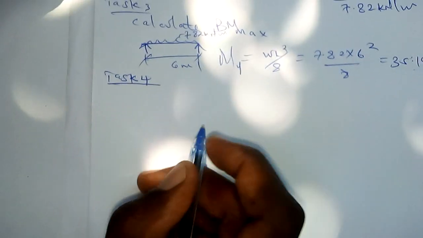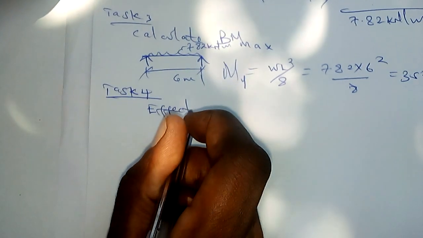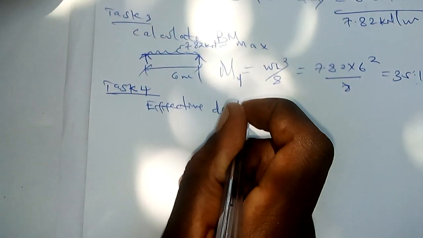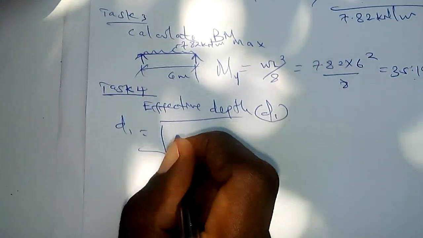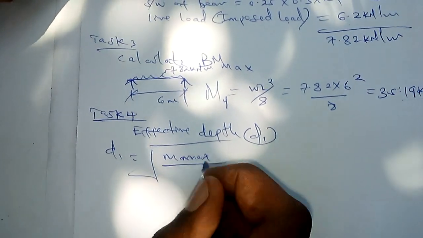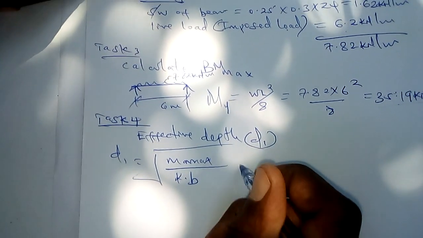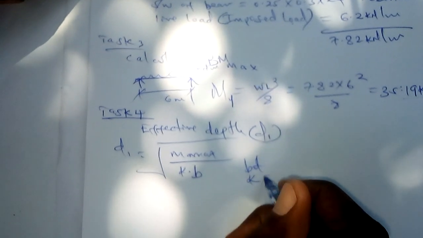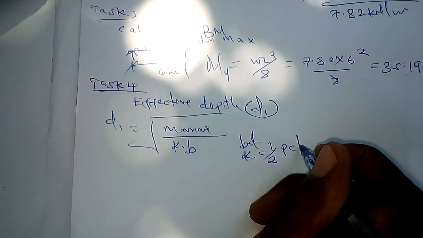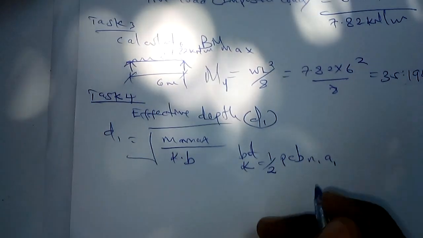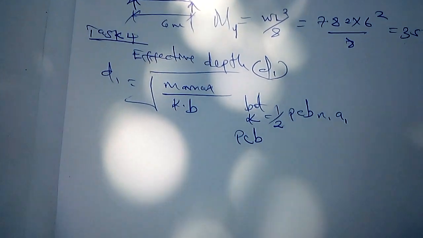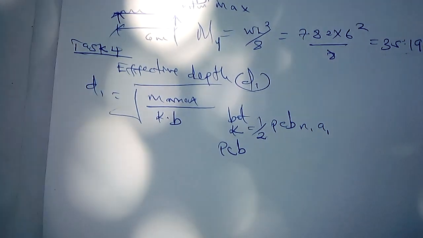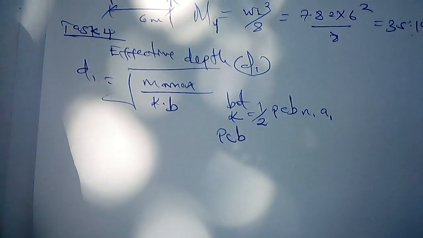You have task number 4. We find effective depth d1. d1 is from the formula the square root of M max all over KB, but remember K was 1 over 2 PCB n1 a1, but PCB here is from table 6 of CP114.